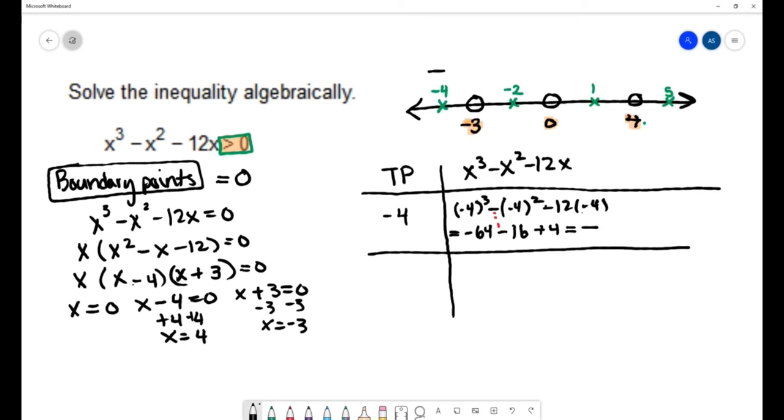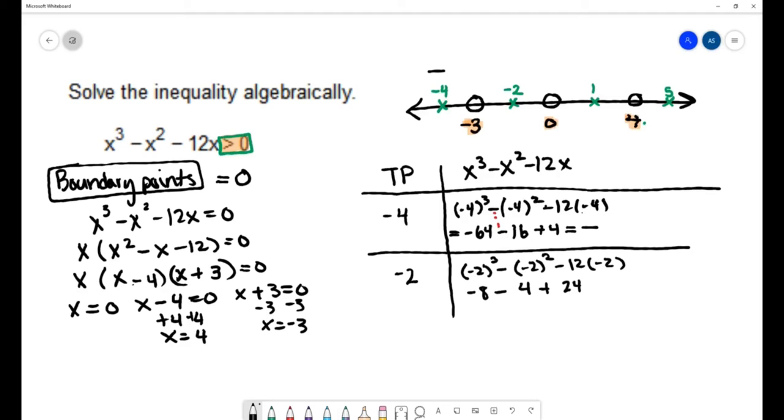Because that came out to be negative, that means that all of the y values in that interval are negative. Let's try the next test point of negative 2. We have negative 2 cubed minus negative 2 squared minus 12 times negative 2. That's negative 8 minus 4 plus 24.